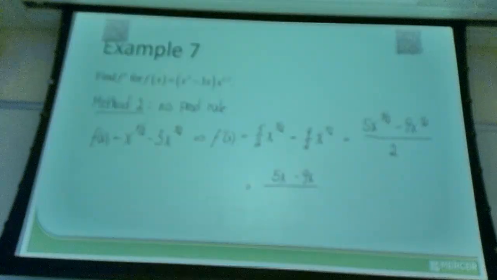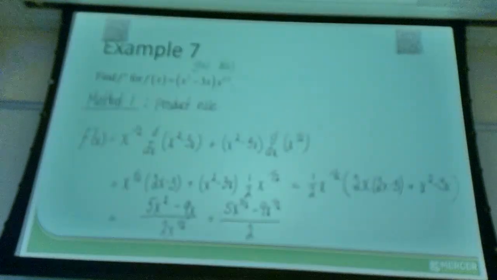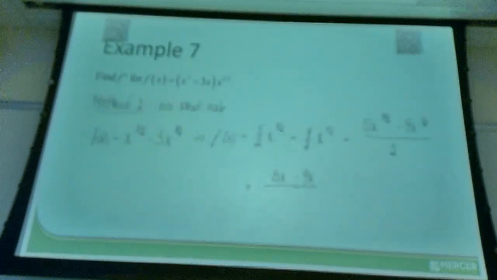All right, multiply numerator and denominator by x to the 1/2, and you'll get what we got originally with the product rule. So either way, it doesn't matter, right? Either product rule or rewrite the function and use the more basic rules.